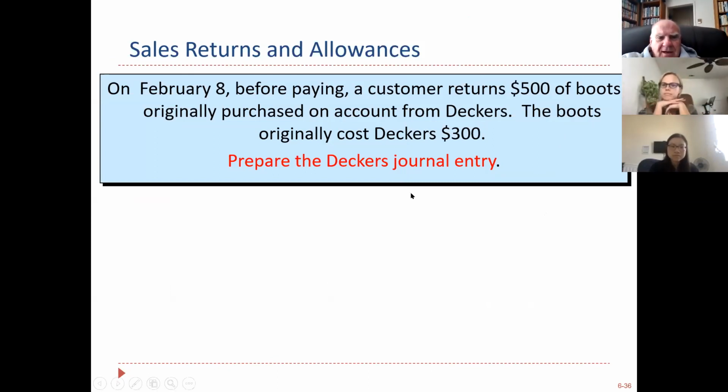We're going to debit the contra revenue account called sales returns and allowances. An allowance might be, we say, would you do me a favor, keep the boots, and I'll give you $200 off. Here they're returning $500 worth of boots. They cost us $300, right?